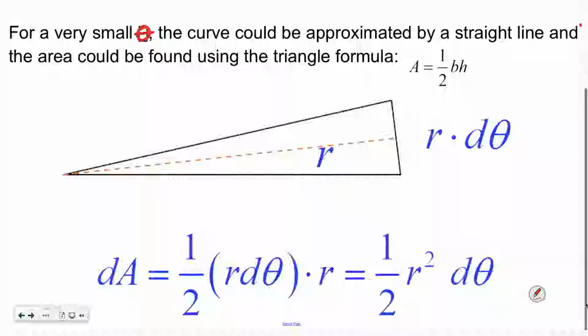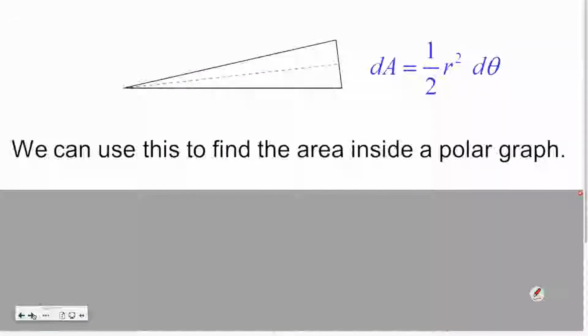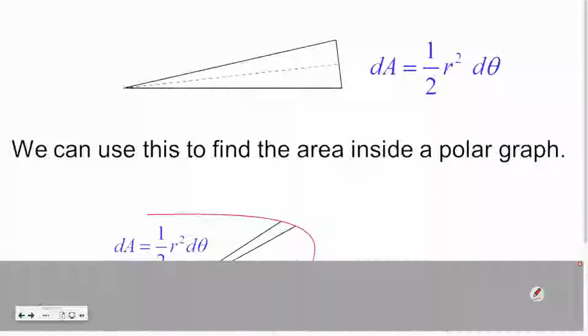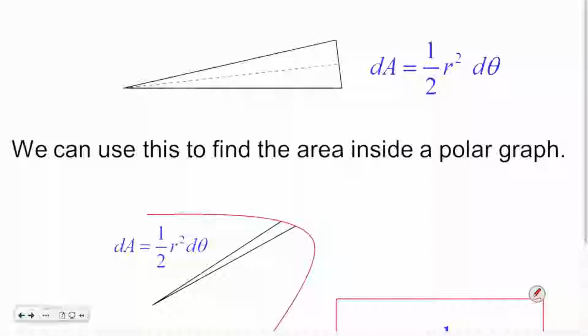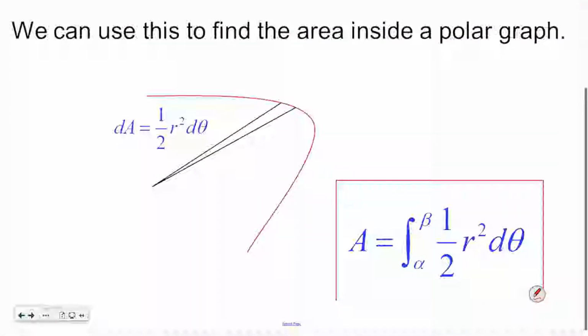Okay, so if we have all of these infinitely small triangles, we can add them together for our area. Why does it use alpha and beta instead of A and B? Because we're getting quirky in Calc BC.